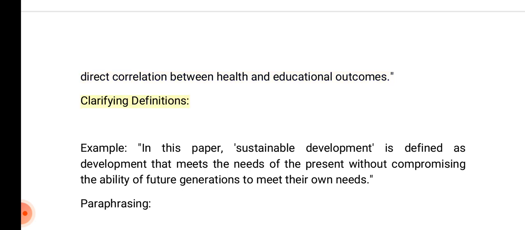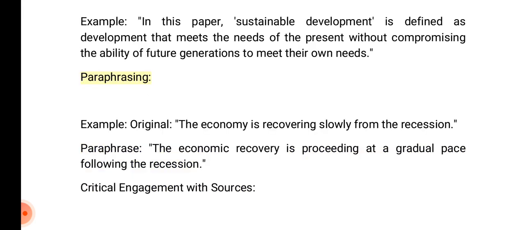Clarifying definitions. Example: in this paper, sustainable development is defined as development that meets the needs of the present without compromising the ability of future generations to meet their own needs. Paraphrasing. Example: original: the economy is recovering slowly from the recession. Paraphrase: the economic recovery is proceeding at a gradual pace following the recession.